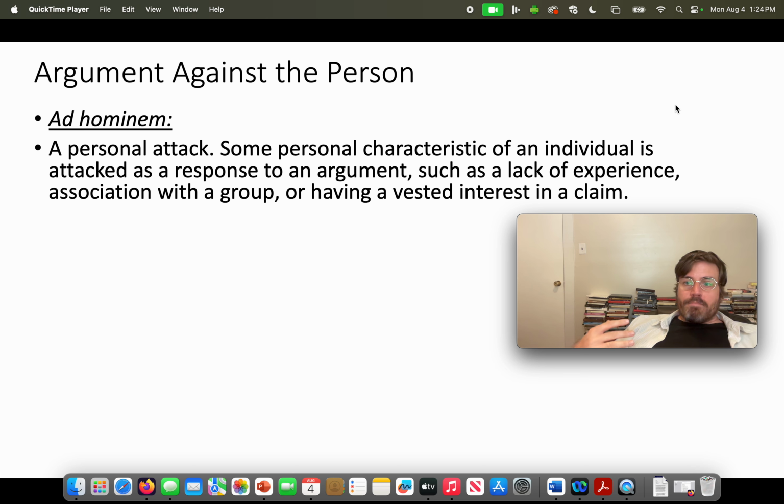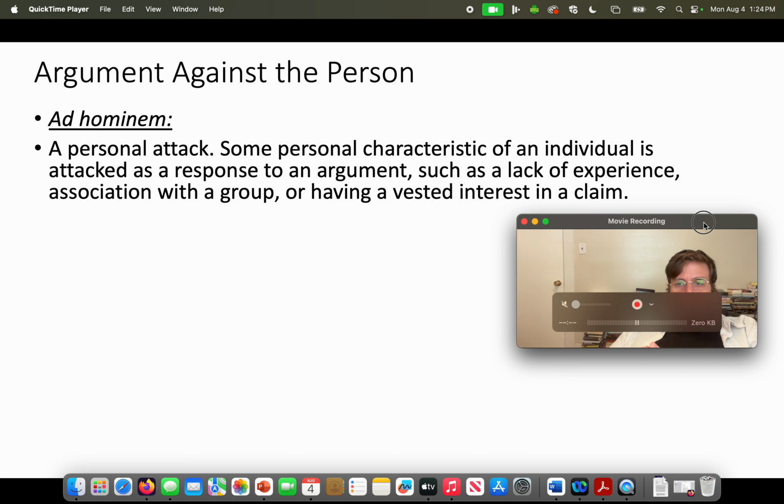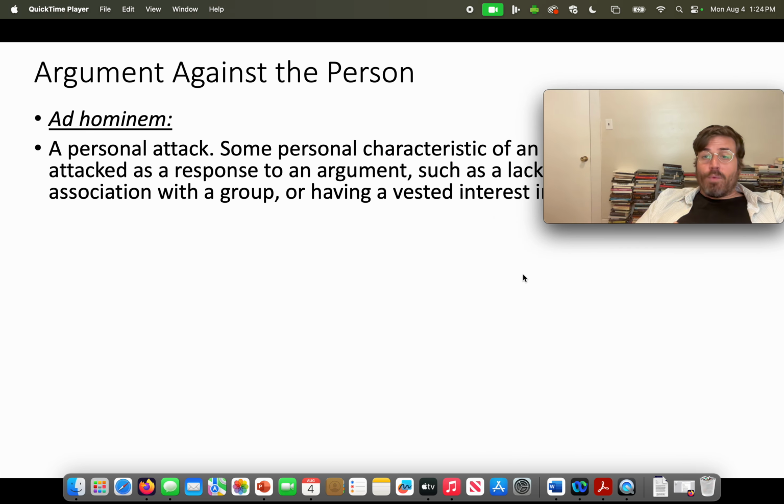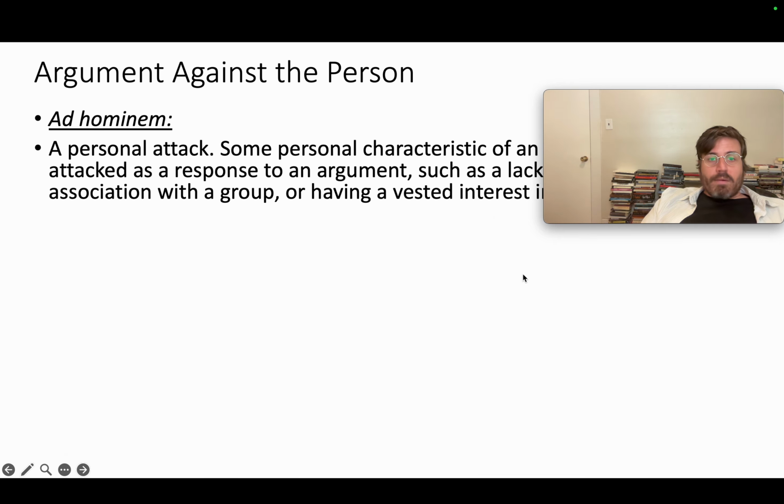So ad hominem is a way of redirecting one's attention away from the argument, really, in order to discredit the person making the argument. And the reason why the argument breaks down is because it doesn't actually prove much of anything. It's just a distraction mechanism. But unfortunately, it's one that might be very emotionally compelling.